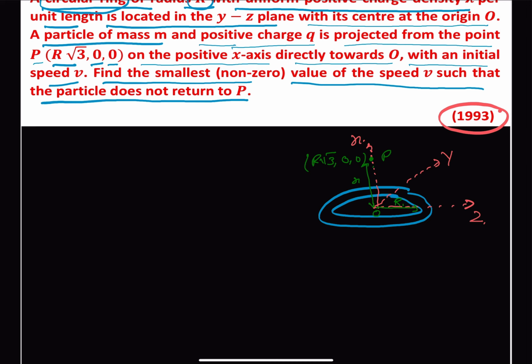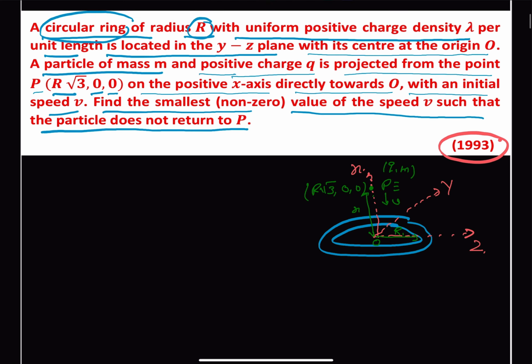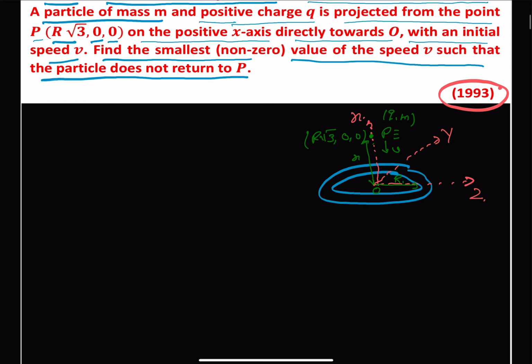There is a charge at P which has charge q and mass m, and it is projected with velocity v towards the origin, and it is given that the ring has a positive charge density of lambda per unit length. So both are positive. The charge that is being projected is positive, and the charge density of this ring is also given as positive.